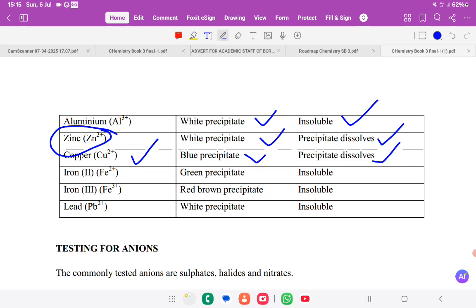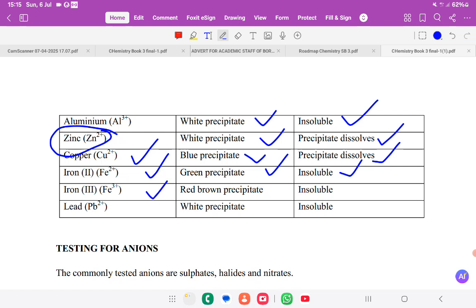If a solution contains iron 2 ions, a green precipitate is formed, and this precipitate does not disappear even if more ammonia solution is added.